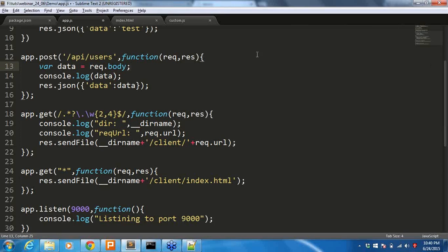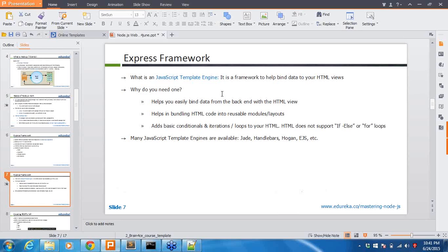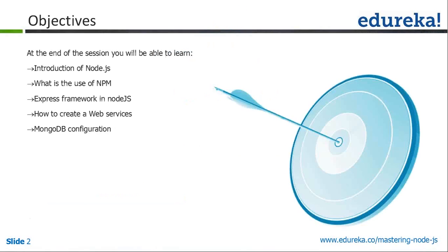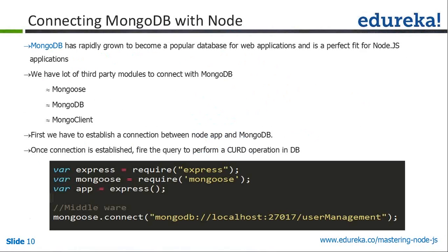How can we connect MongoDB with our application? For that, we need some modules. To connect to MongoDB, we need third-party modules like Mongoose, MongoDB or Mongo client.